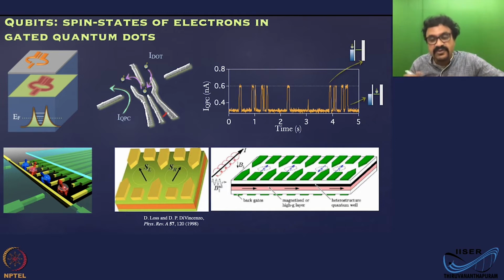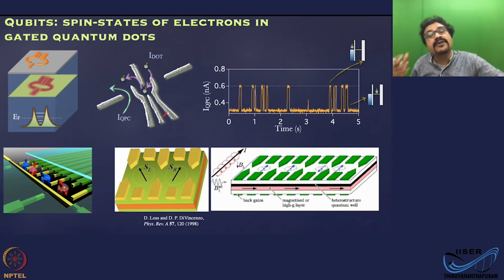So two of these are already taken care of, and you should be able to do 1 and 2 qubit operations. We will not go into great detail in this lecture, but that is also possible because you can couple nearest qubits. So you can do 1 and 2 qubit operations.